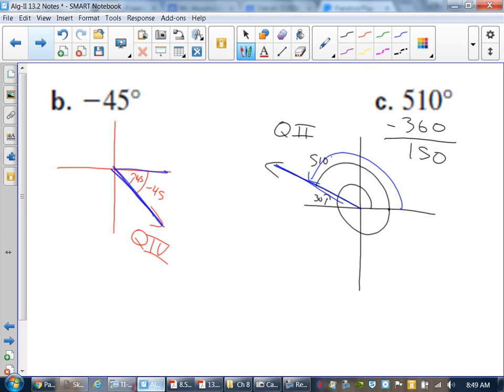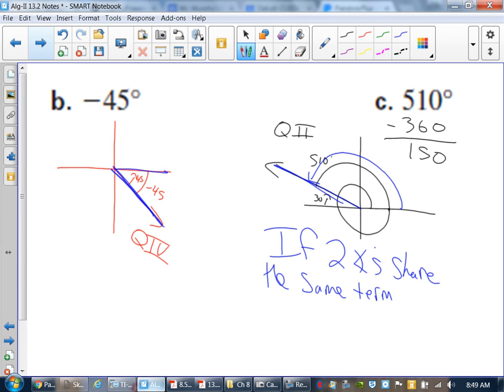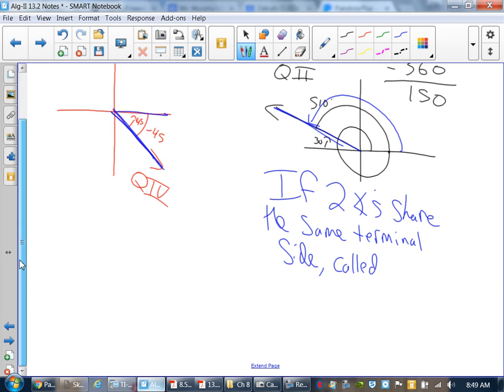So anytime two angles share the same terminal side, they're called, it's a real difficult term, coterminal.